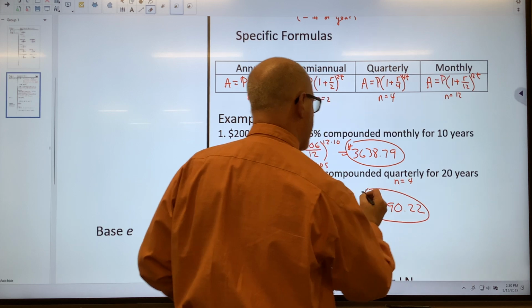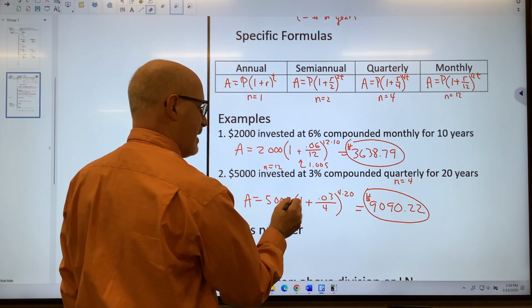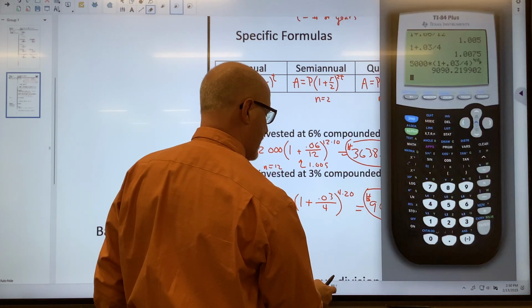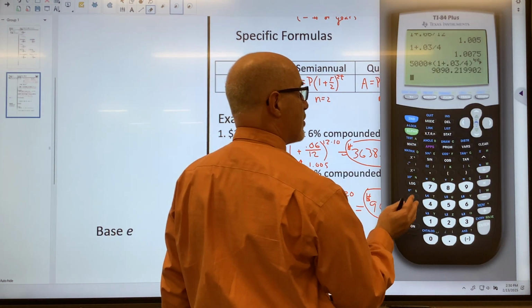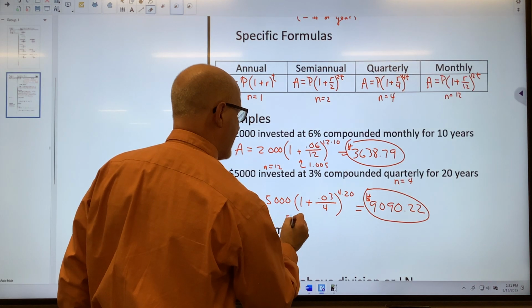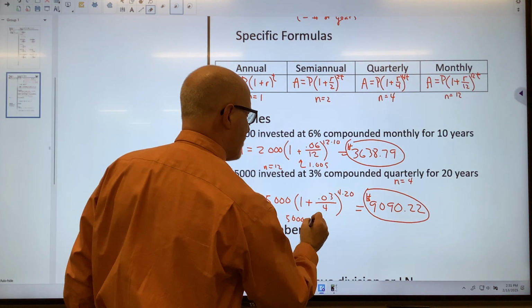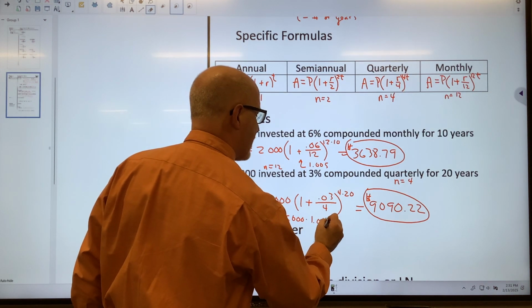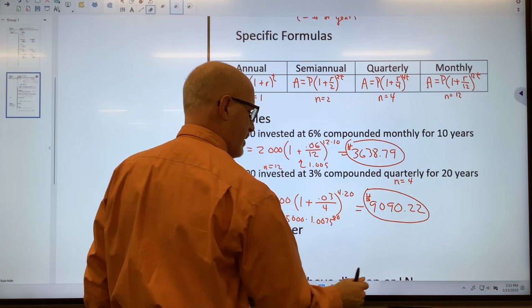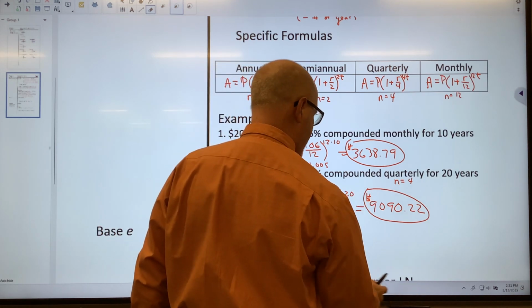Again, if you wanted to, you could look at this and say, hey, if we rewrote it to make it look more like an exponential, I could make this 5,000 times 1.0075 raised to the 80th power. See how 4 times 20 gives that to me.